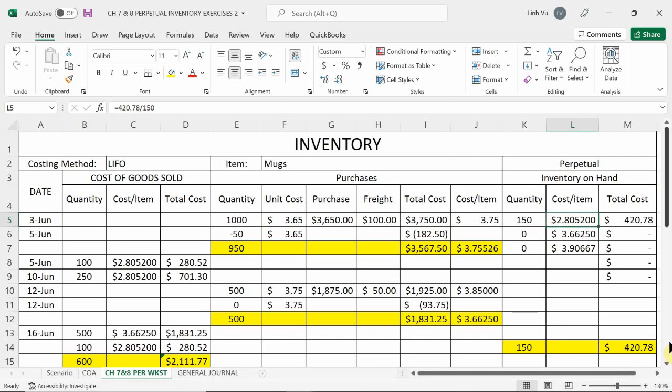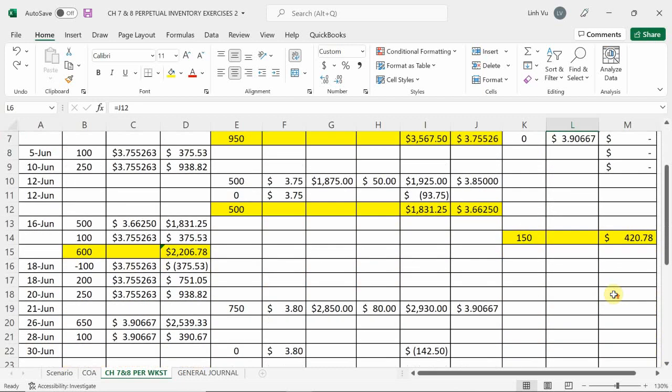Because I end up changing a lot here. Okay. So what you have to do is you're going to have to figure that out on the next inventory worksheet. Okay. So you have 150 units at $420.78.